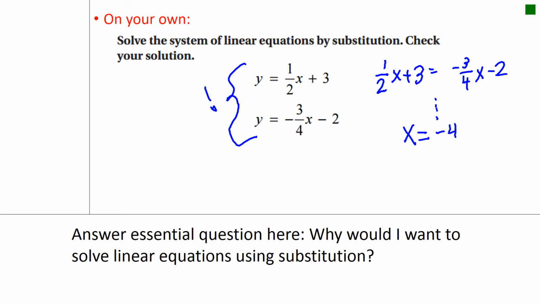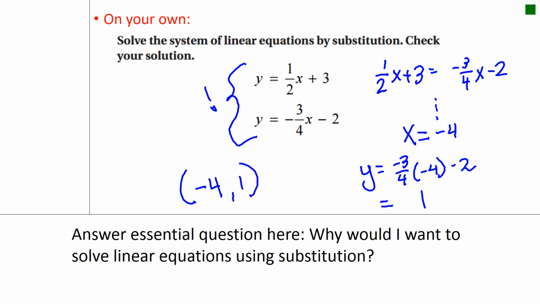When I'm looking at this 4, I think it might be easier to plug into the second equation. So y equals -3/4 times -4 minus 2, and you should have got that y equals 1. And your cherry on top, the last thing that you got to include is that the ordered pair, the answer to this system, not equation, is -4, 1. And you did it.